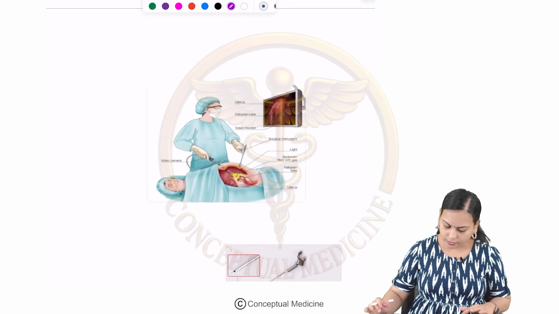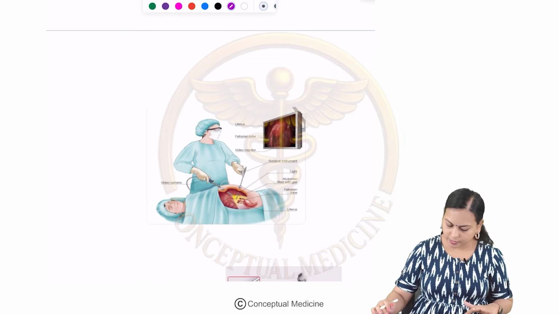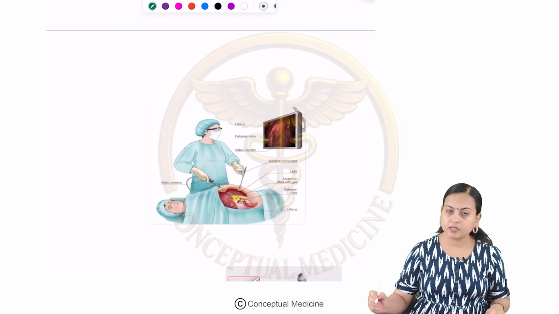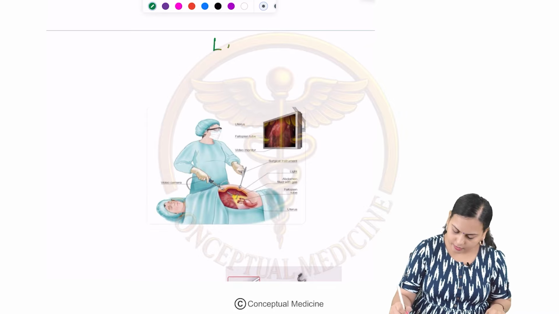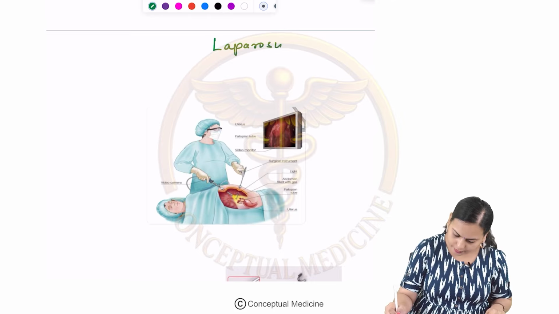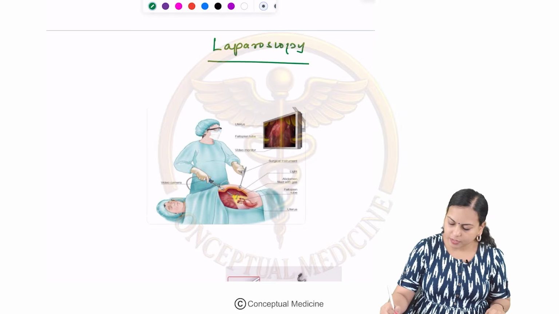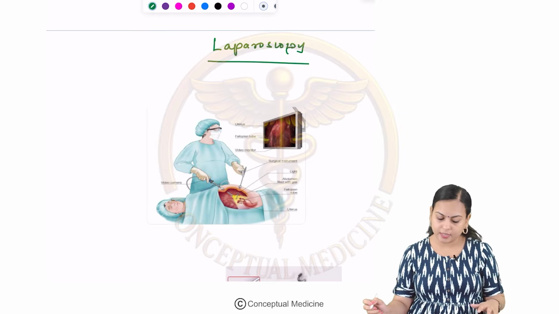Next procedure we are going to discuss is, yes, by seeing itself you would have known, right? So what is the procedure? This is laparoscopy. Laparoscopy is a minimally invasive procedure, right?